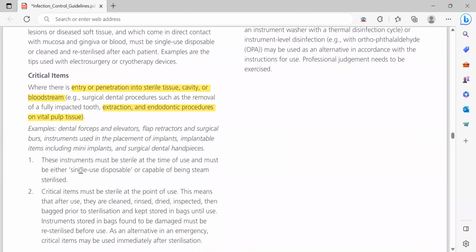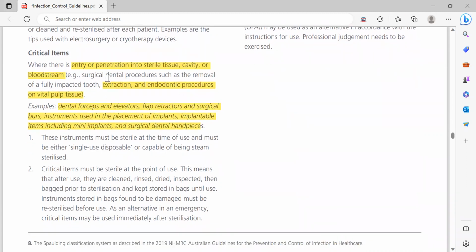Okay, so the examples they have given here are forceps, elevators, flap retractors, surgical burrs, instruments that are implants, or any dental surgical handpieces. So whichever is going inside the patient tissue, cavity or the bloodstream needs to be sterile, and they are considered critical items.